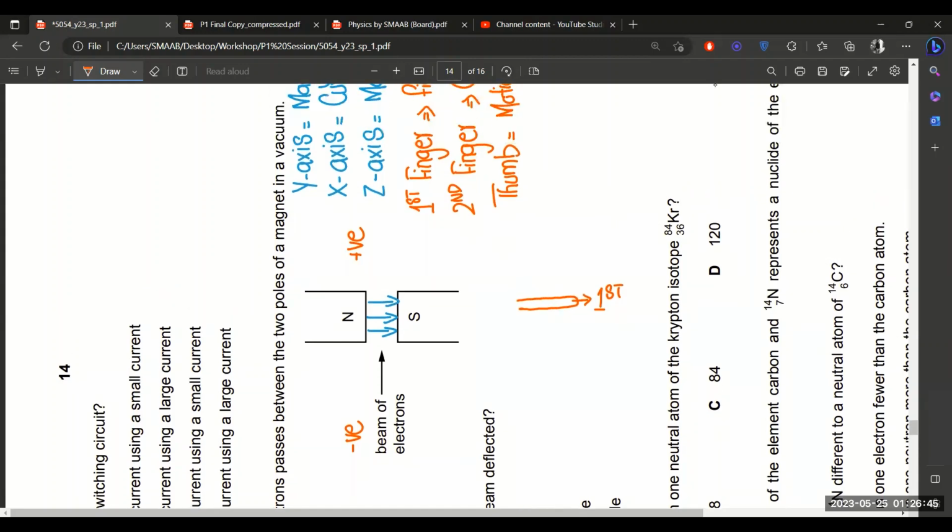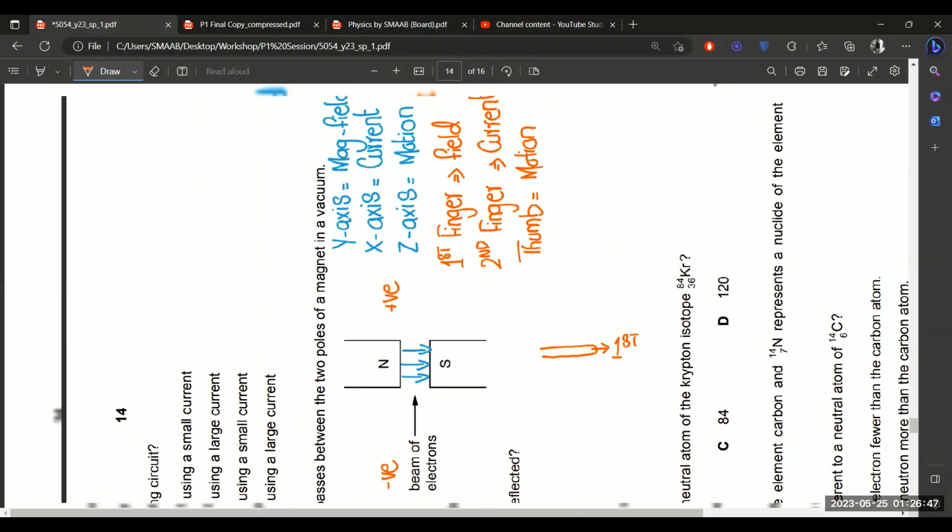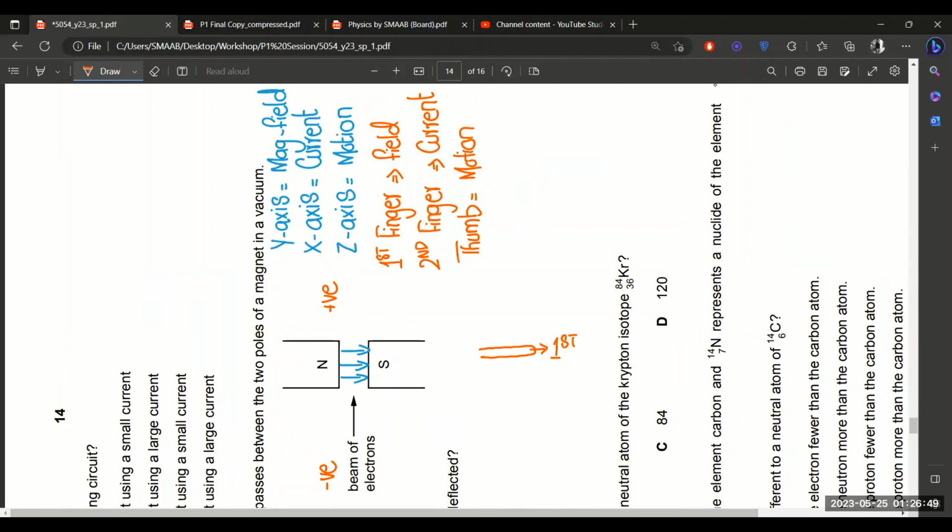All quantities are mentioned. And secondly, you need to place your finger in the direction of electric current. So we know that current will always move from positive to negative, right? So you consider the direction of conventional current. So your second finger will be in this direction.